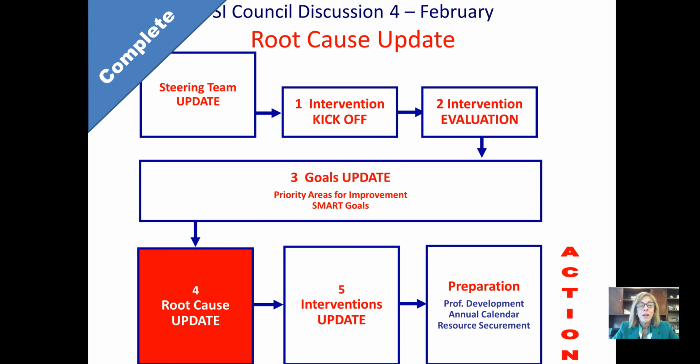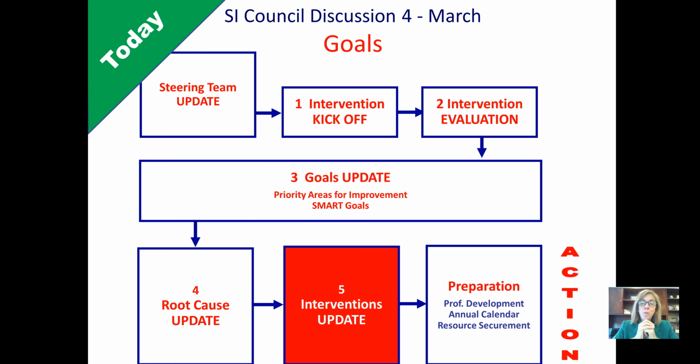So those root causes were things that might interfere with your school's ability to reach your SMART goals. So they're things that are getting in the way. And if you're going to reach those SMART goals, you've got to address those root causes successfully. So this month we'll be looking at how we are going to address those root causes that you've identified.